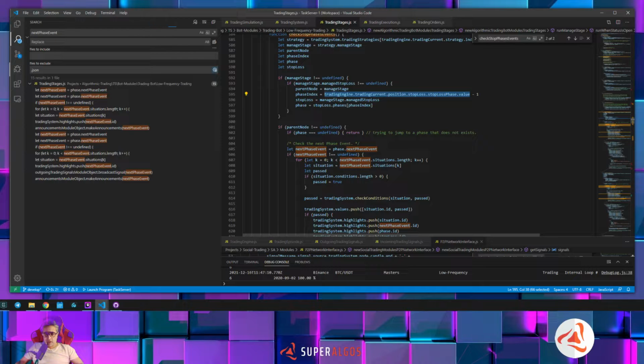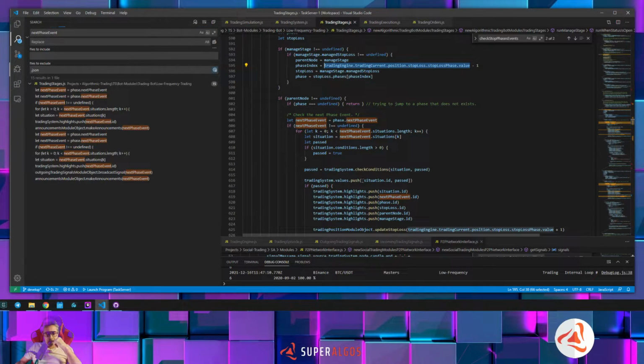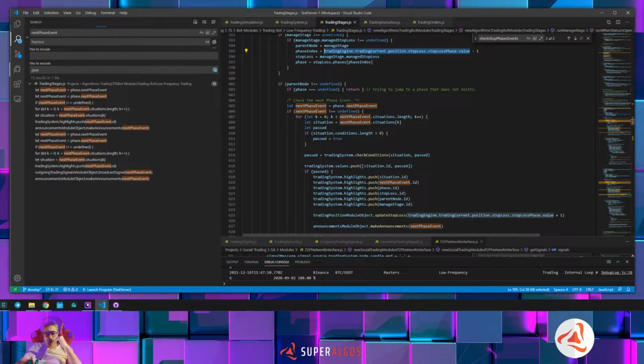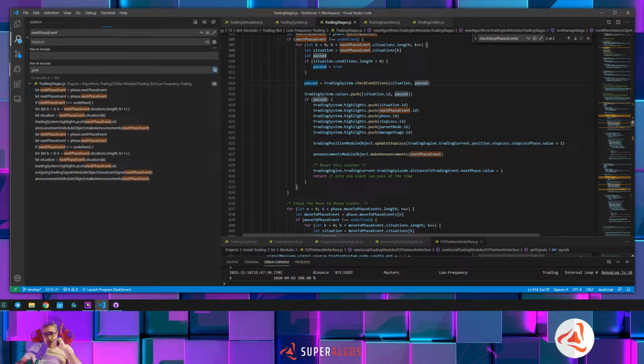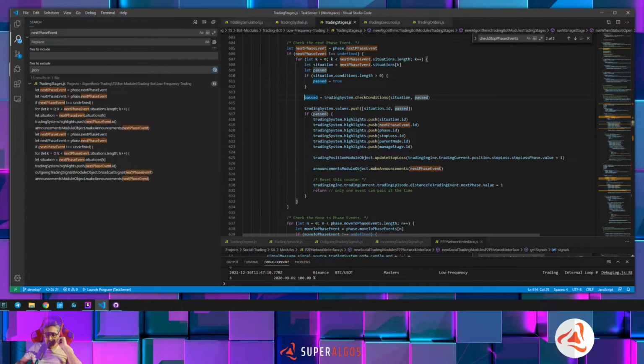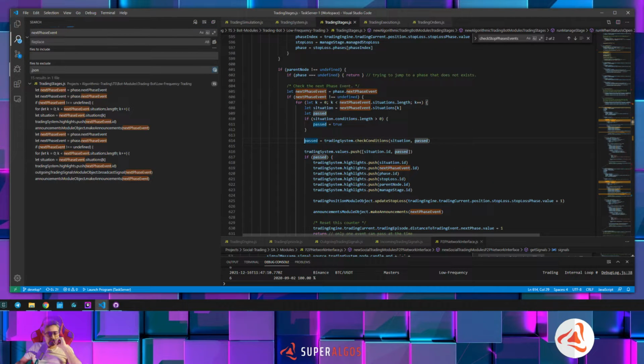So we get the phase node, and once it got the phase node, it asks to see if it has a next phase event, and then it's going to see if there is a situation and so on, and if it passed, then it will consider that the event is triggered and it continues. And here is the other event, the move to phase. Okay, so now I get it.